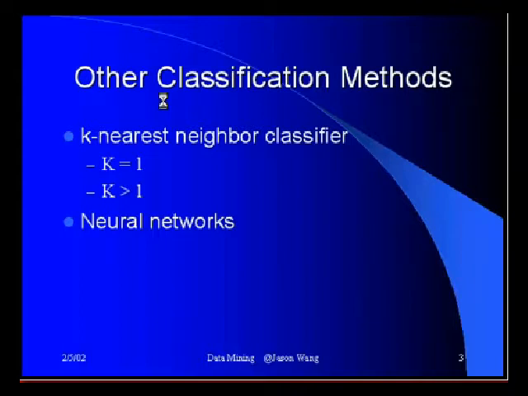A neural network usually contains 3 layers: input layer, hidden layer, and output layer. And there are a lot of neurons in these layers. For a given object, the object is fed into the input layer. And then through some mathematical functions and calculations, the output layer will tell us whether this object belongs to the positive class or the negative class.